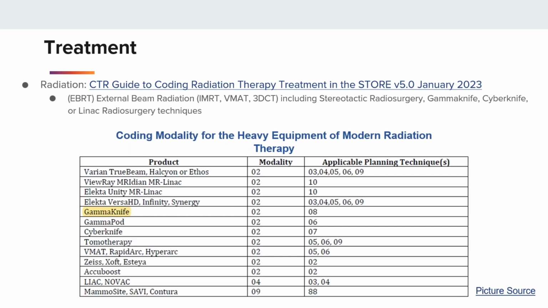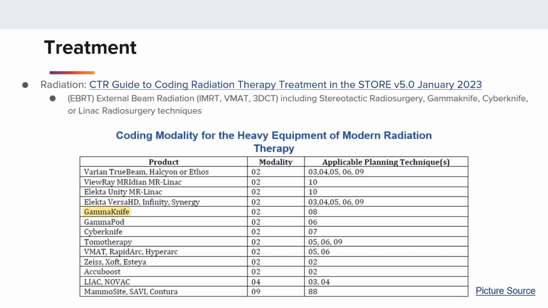The link to the CTR guide to coding radiation therapy treatment in the STORE is available on the current slide. This document will help with coding radiation treatment. It is now located within Appendix R of the STORE Manual 2023.